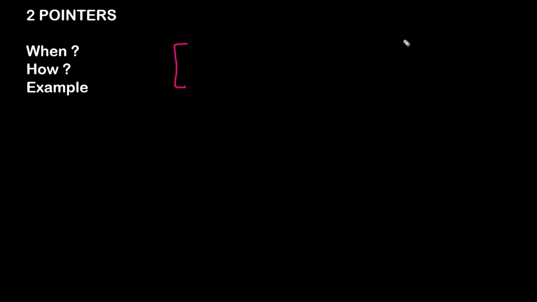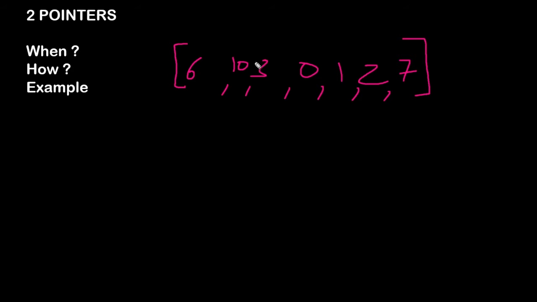So let's say you want to reverse the array. You have here it finishes with 7, and here with 6, and here you're going to have something like 3 and 2, 1, 0, and 10. To reverse the array, you could just create another one, iterate backwards, and put the values in the new array.